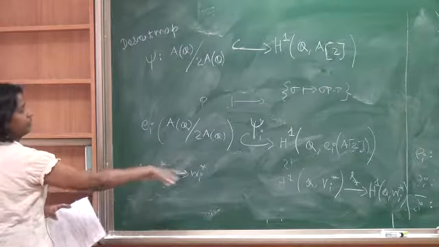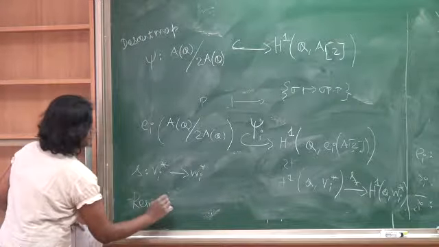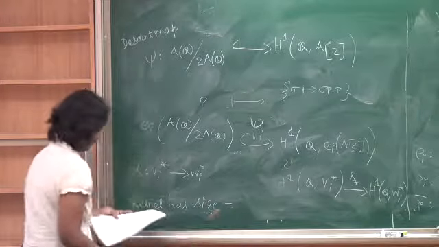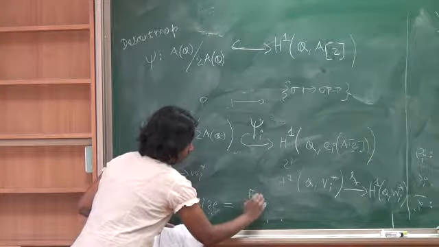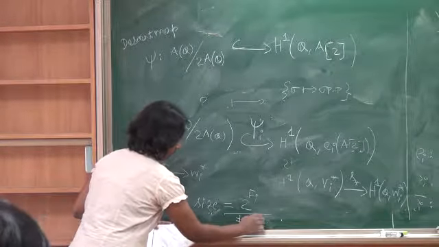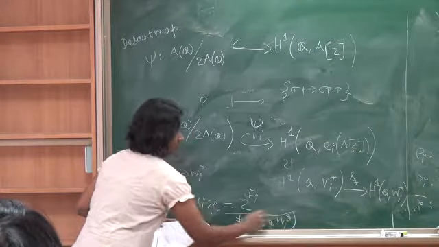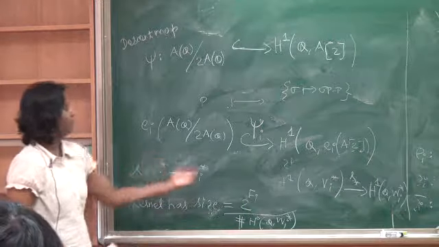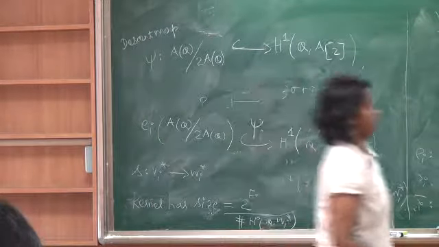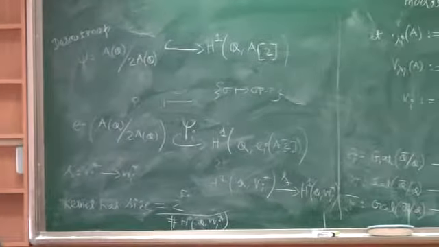The kernel of this composition has a size. The kernel of this composition map is 2 to the power f_i by the cardinality of H^0 of Q of W_i star. This is the extra factor appearing in here.